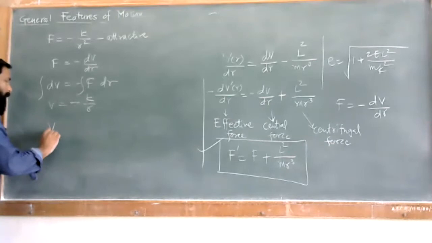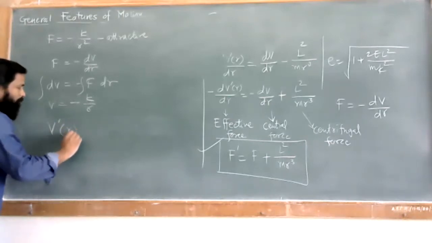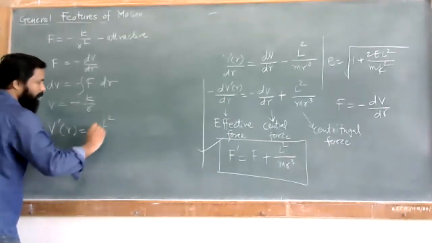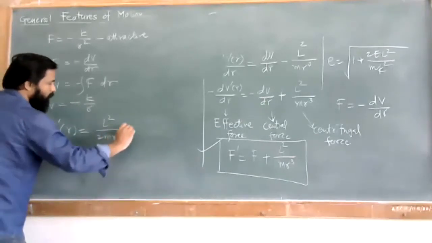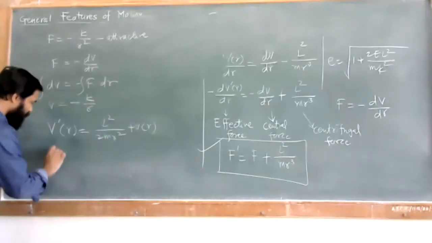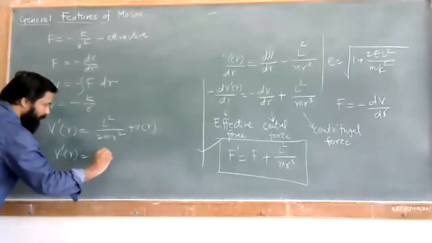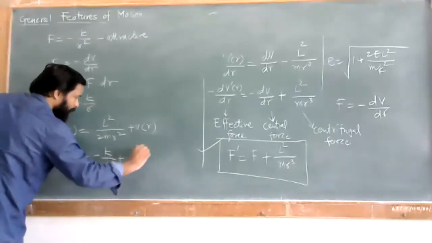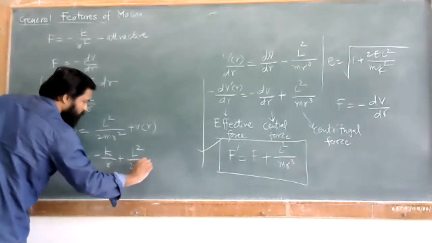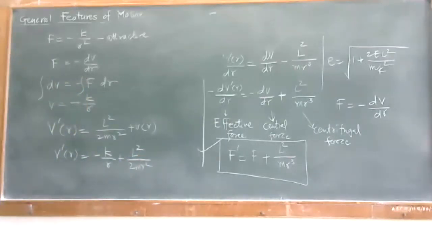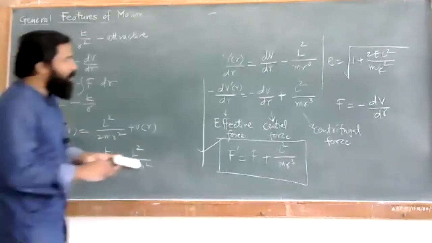So what should be your effective potential then? V dash of R, which we saw earlier, is L square upon twice mr square plus V of R. So you can have the effective potential value given as minus K upon R plus L square upon twice mr square. That is the value of your effective potential. So how does your curve look like?